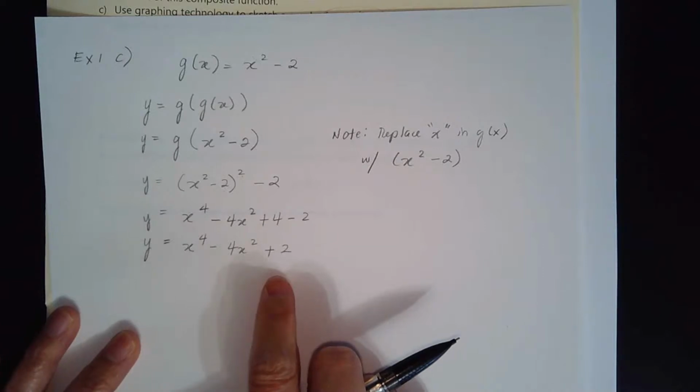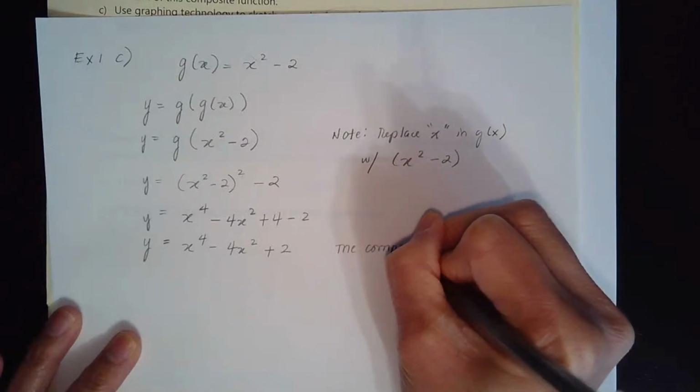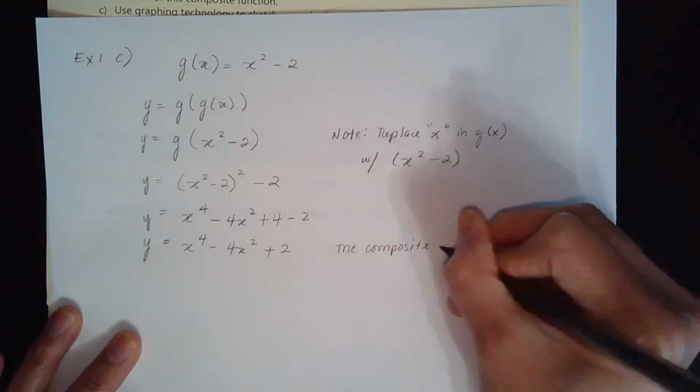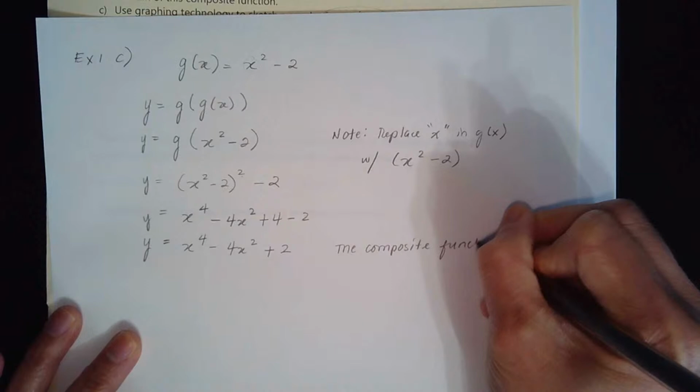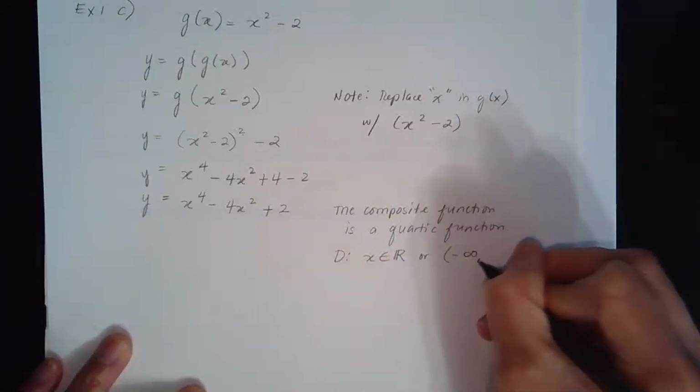Composite function is... or we can say from negative infinity up to infinity.